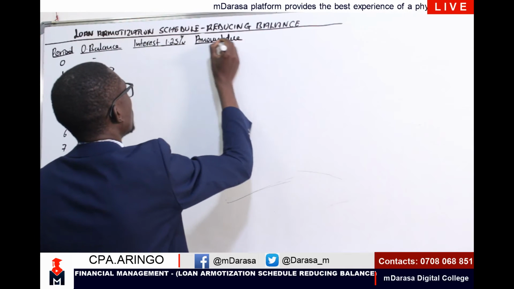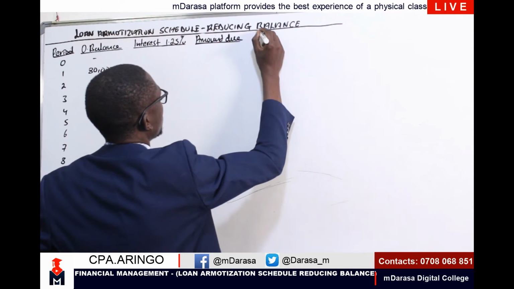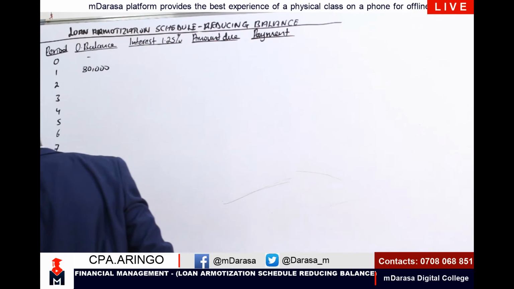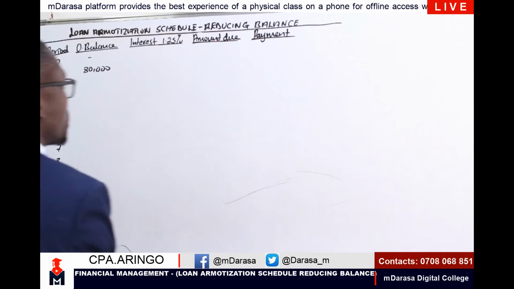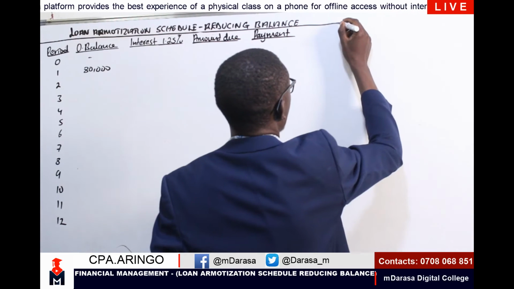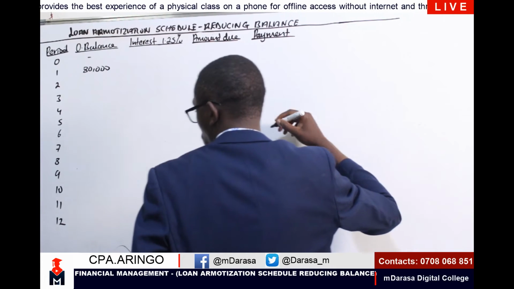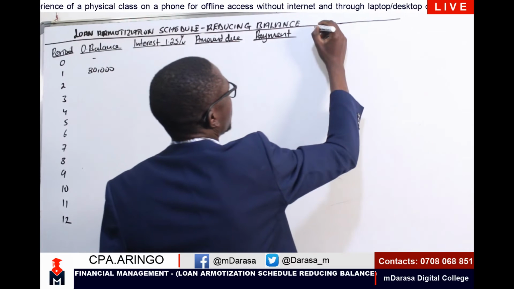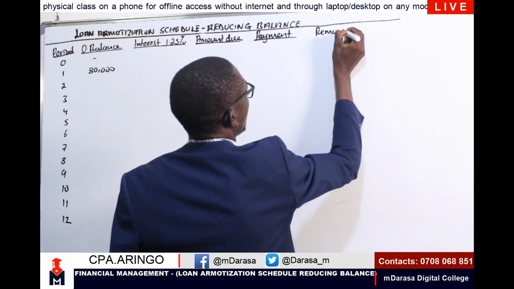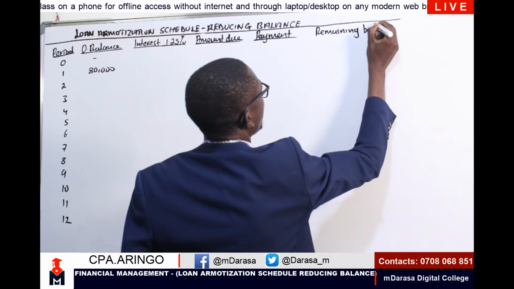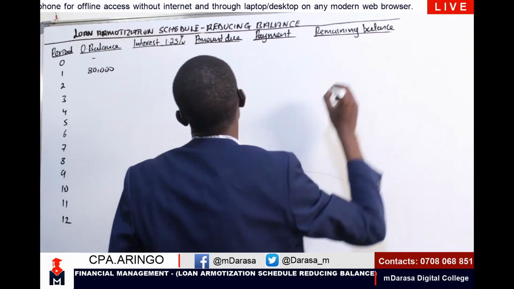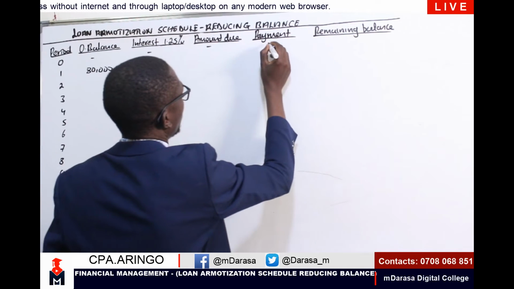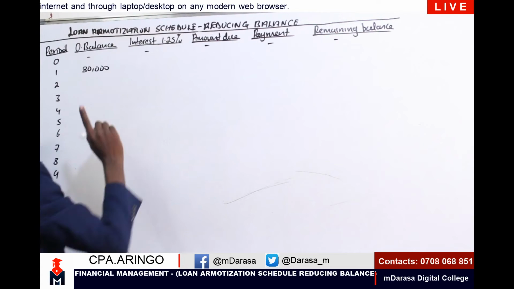Amount due. Then we have the payment now, which ideally is on installment basis, which we had already established. Then talk about our closing balance as at the end of the day, whereby you are talking of the remaining balance. So that at this point, remember year 0, I can have it all through 0, 0, 0, right?